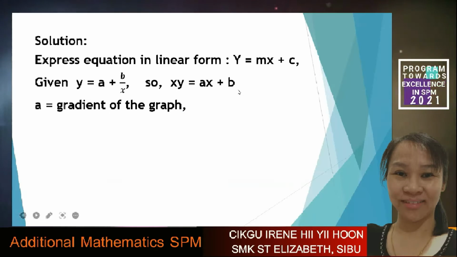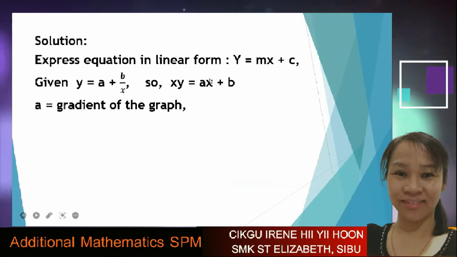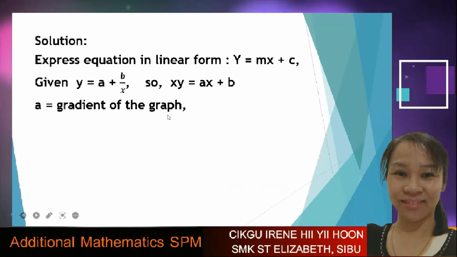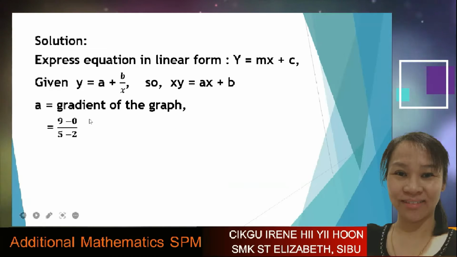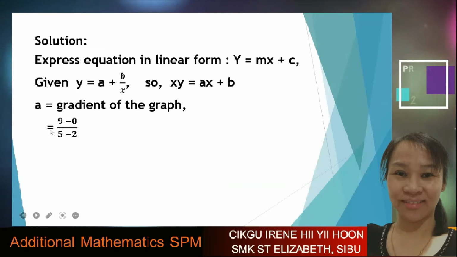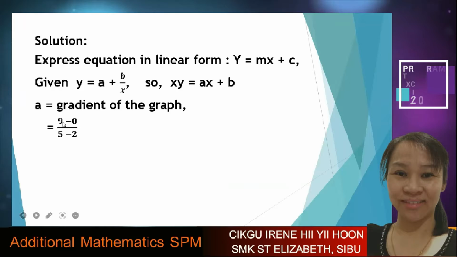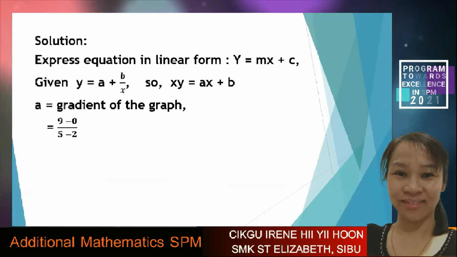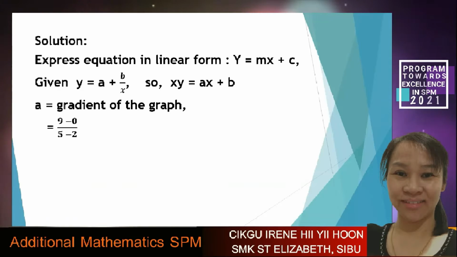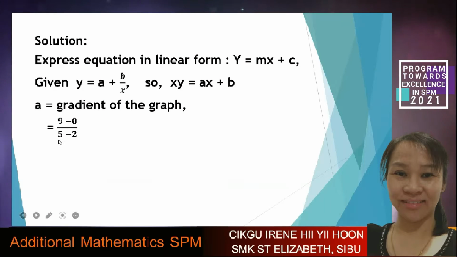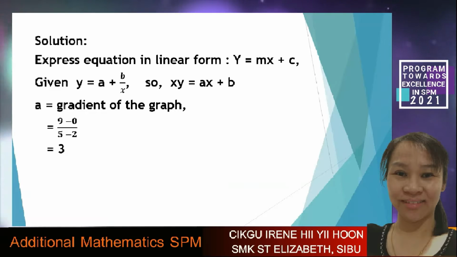So from this linear equation, we can see that a represents the gradient of the graph. By using the points given from the straight line, substitute them into the formula of gradient, that is y2 minus y1 over x2 minus x1. So we will find that 9 minus 0 over 5 minus 2. So the value of constant a is 3.